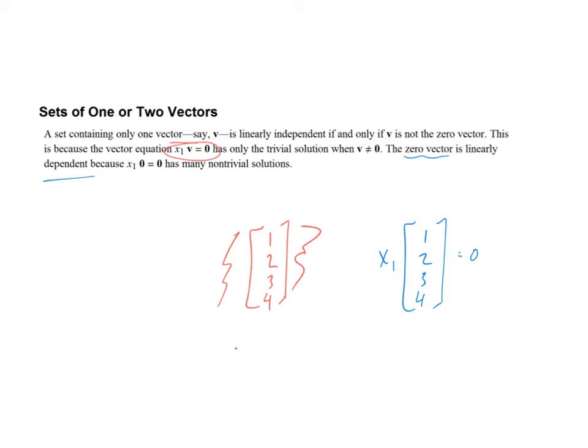If I have a set consisting of the 0 vector and only the 0 vector, that set is linearly dependent, because x1 times that vector, that's 0 at the bottom, equals 0, has lots of non-trivial solutions. x1 can take on any value that it wants. So that's specifically looking at just a set containing one vector.